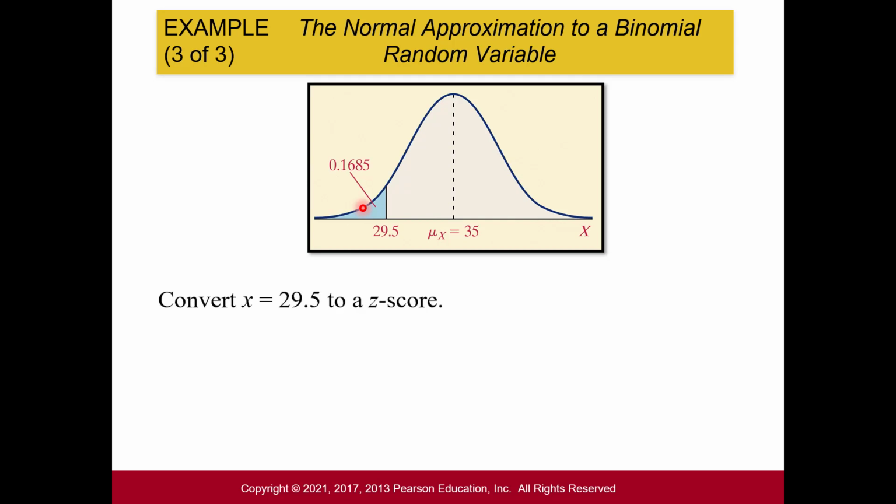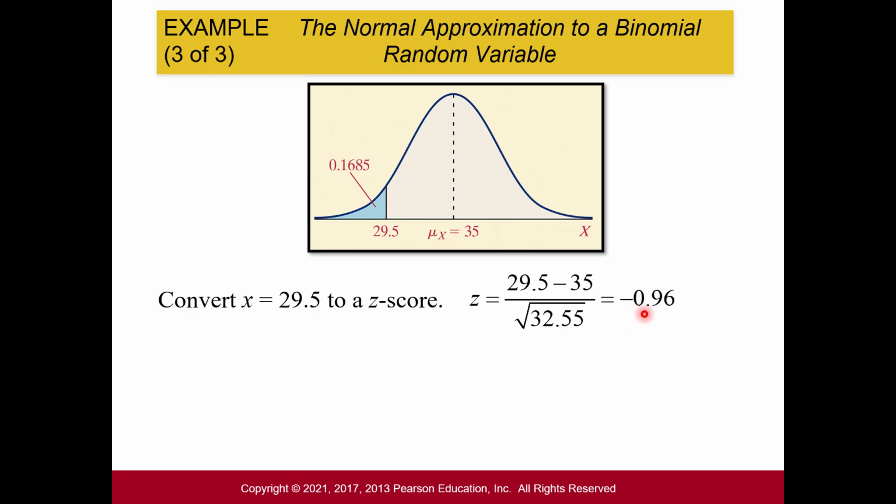And so we can get this number by finding the z-score. We've talked about this before, but you're going to take your x value and convert it to a z-score by using this calculation: your x number minus your mean over your standard deviation. If you need to write that down, this is x minus mu over sigma.